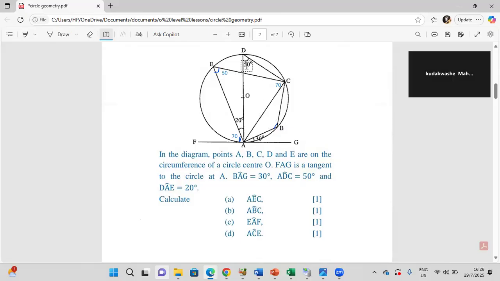So if this is 50, this one here is 180 minus 50, that should give us 130. Where did we get the 130? We said 180 minus the 50. Why? It is a cyclic quad.